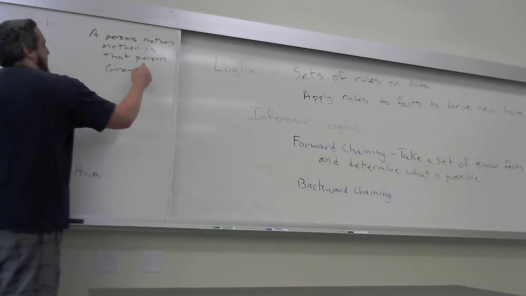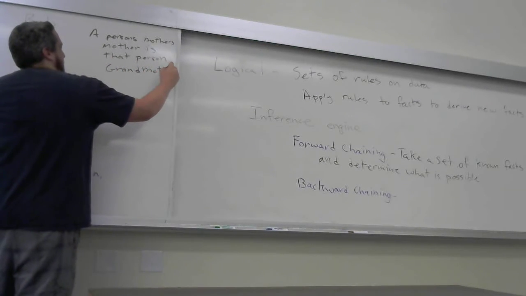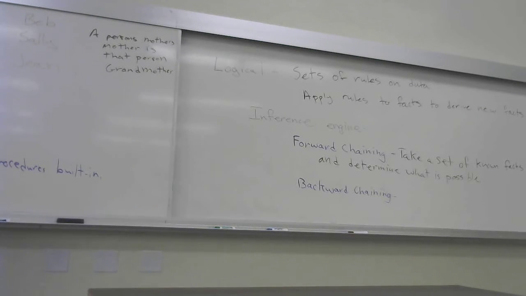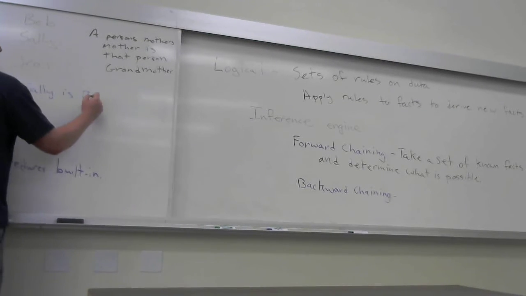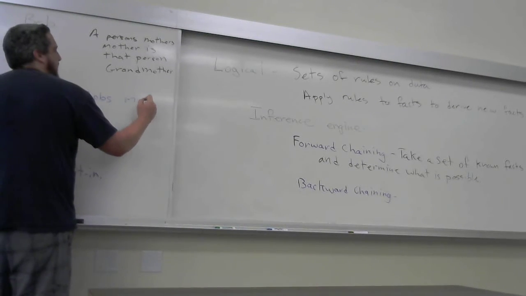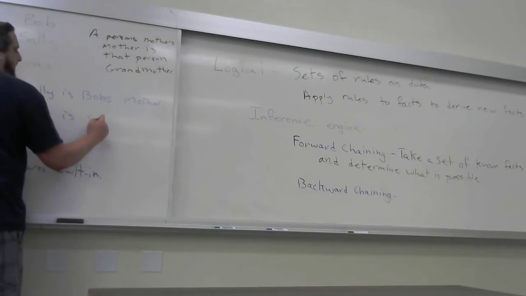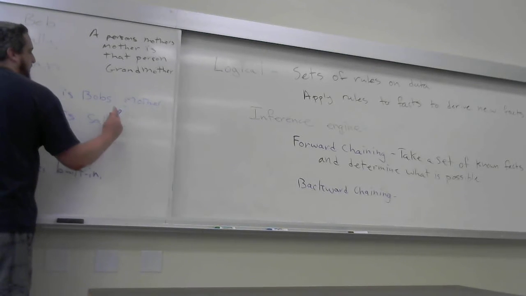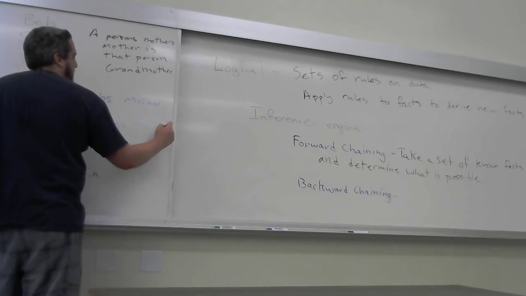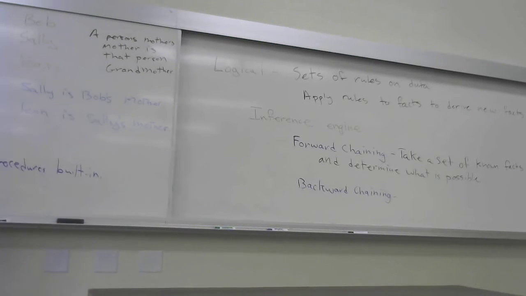Is that true? And if we say Sally is Bob's mother, and Jean is Sally's mother, we as humans automatically know Jean is Bob's grandmother.